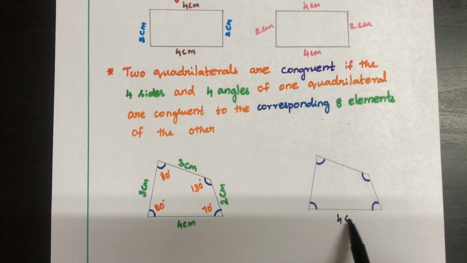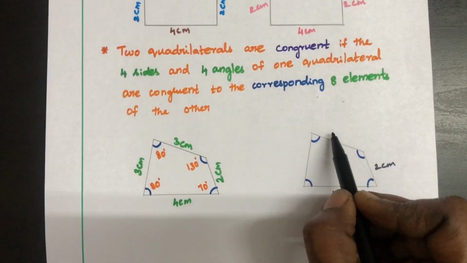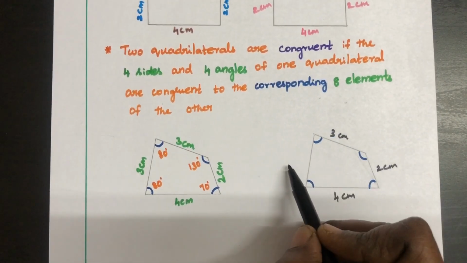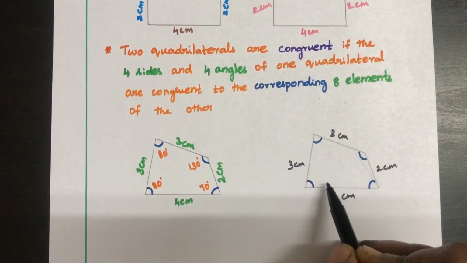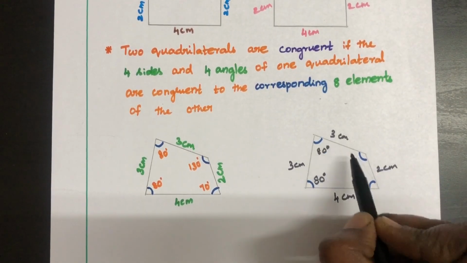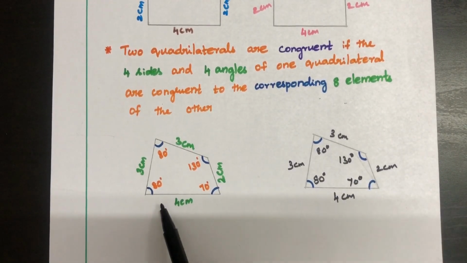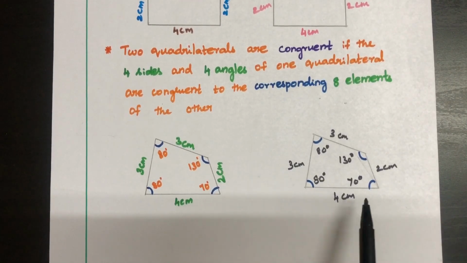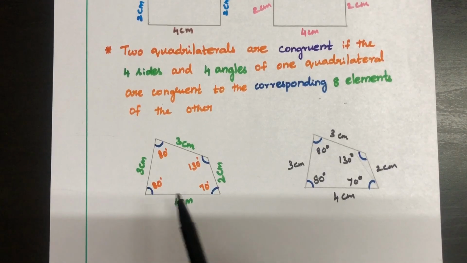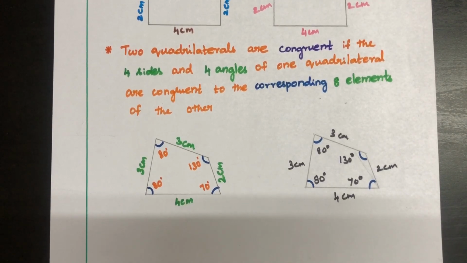If we have the same measures and sides, exactly same sides, I made like that only. So this is 80 degree and 80 degree. This is 130 degree and 70 degree. These two quadrilaterals are congruent because all the four sides and four angles of one quadrilateral are congruent to the corresponding 8 elements of the other. So this is the concept.